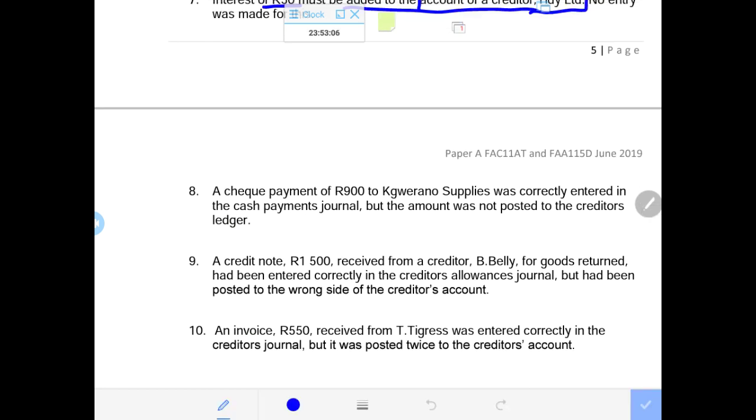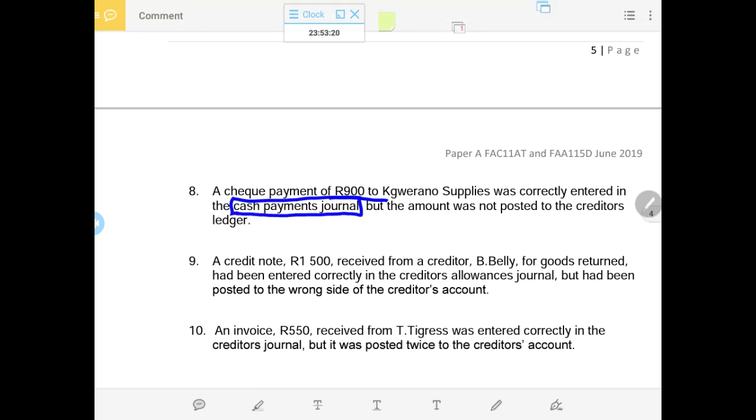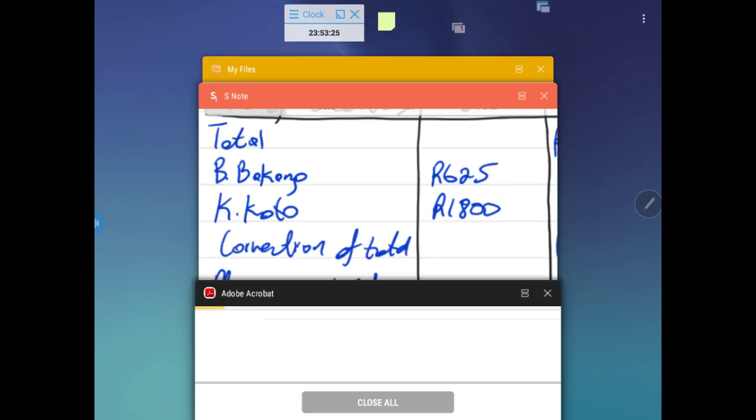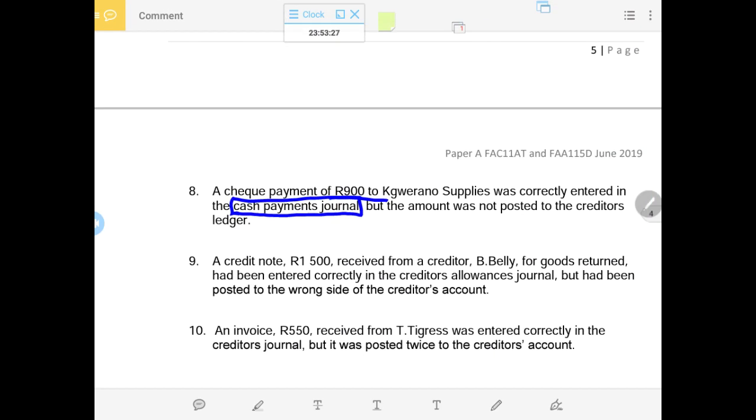Number 8, it says a check payment of 900 to Huerano suppliers was correctly entered in the cash payment journal. So in the cash payment journal, it was sorted. Remember, if the cash payment journal is correct, what does that mean?